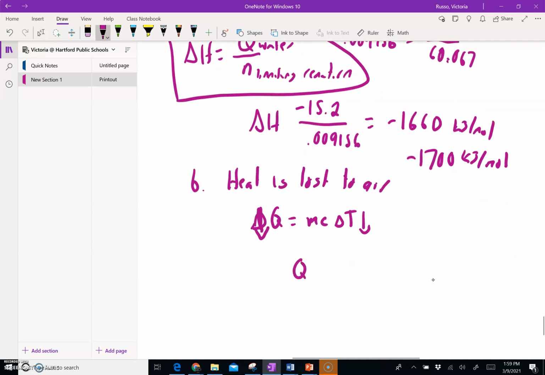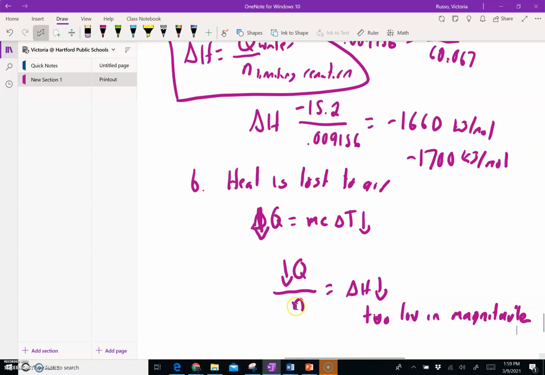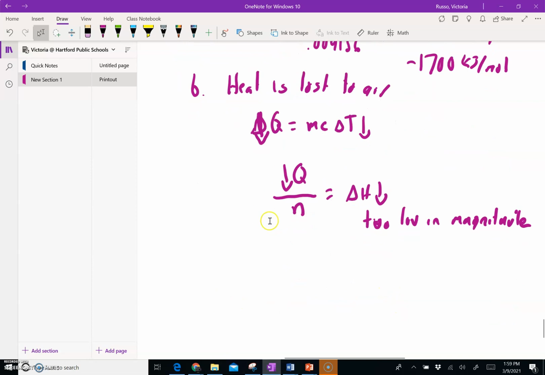So now, if Q is too low, and in the reaction you divide by n, then delta H will be too low, but it's important to say too low in magnitude, because it's actually less negative, which means it's actually a higher number. So too low in magnitude, or you could say less negative.